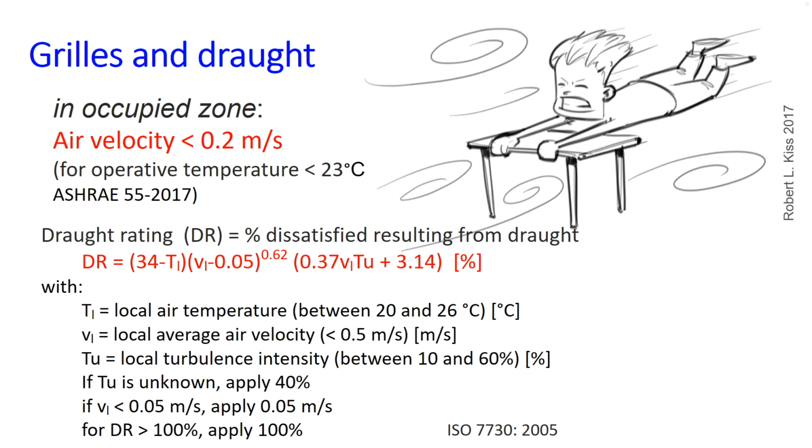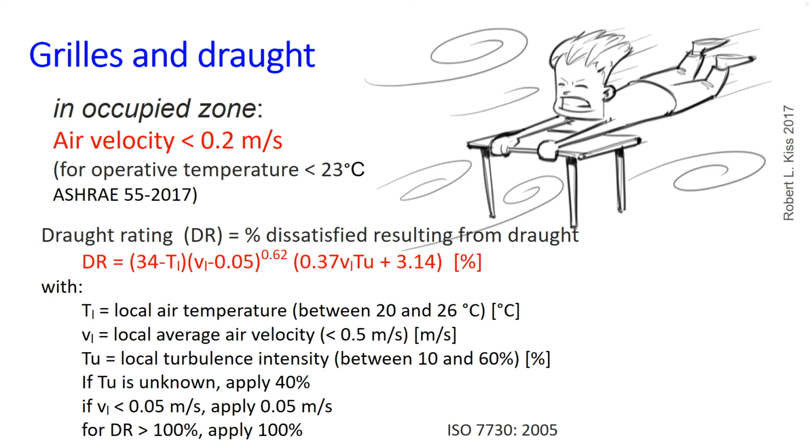The occupied zone is here defined as the space between the floor and 1.8 meter above the floor, and more than 1 meter from outside walls, windows or fixed HVAC equipment, and 0.3 meter from the internal walls.